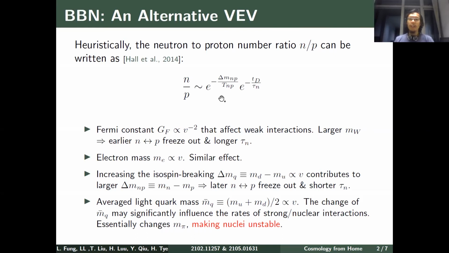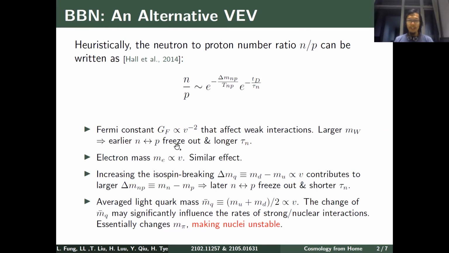Of course, this can be very non-trivial. Even if we look at the simplest measurable observable at that era, the n/p ratio is controlled by so many parameters, and any of these parameters can be written in a very complicated way. But overall, if we want to write down the impact of the increased VEV, there are four major impacts.